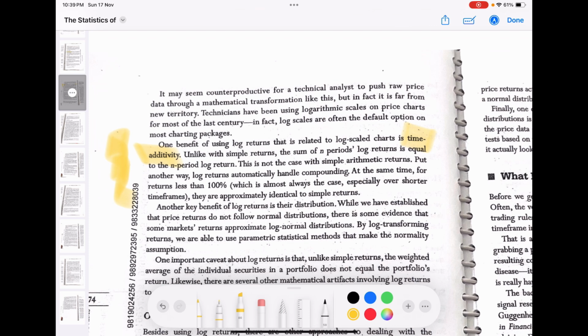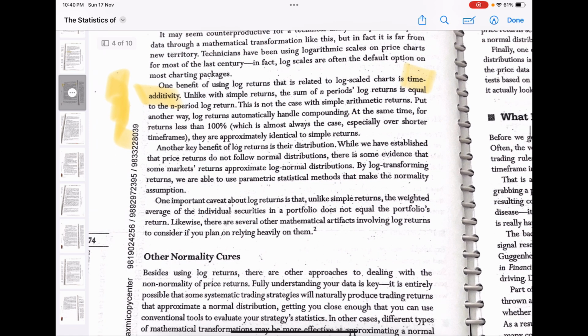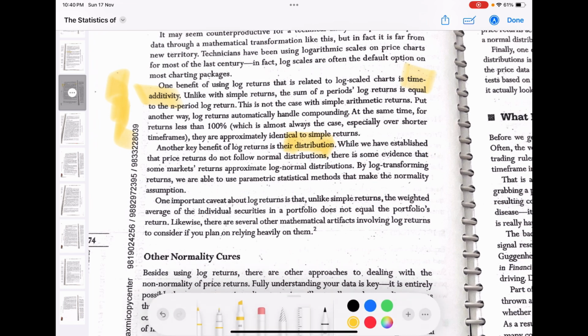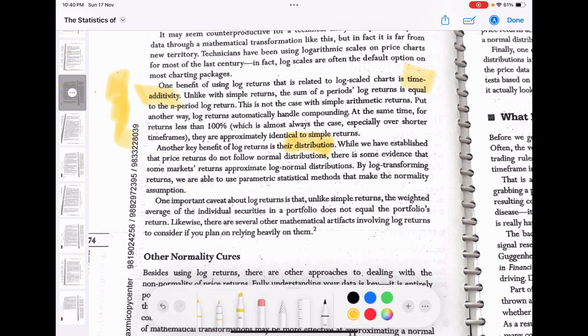Then we have distribution. While we have established that price returns do not follow normal distributions, there is some evidence that some market returns approximate log normal distributions.